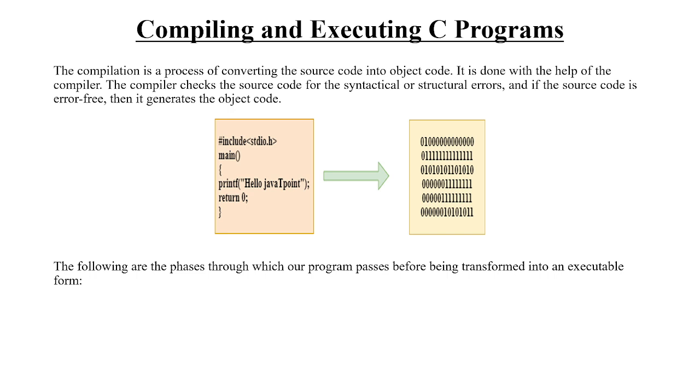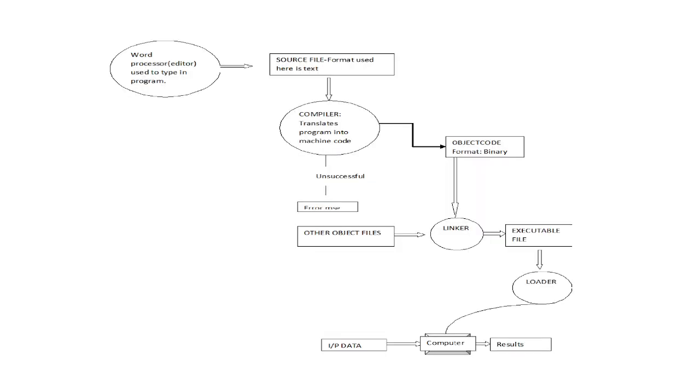Now we present the different phases through which our program, or user defined program, passes before being transformed into an executable form. The picture here is an editor where you are going to type our program.